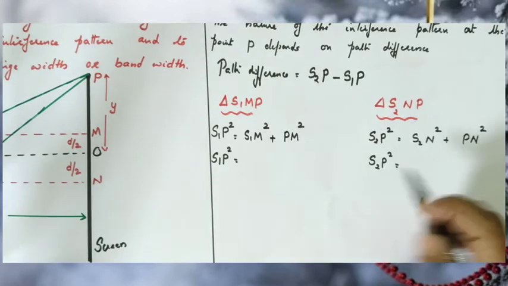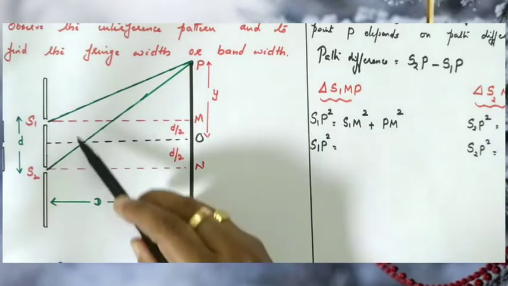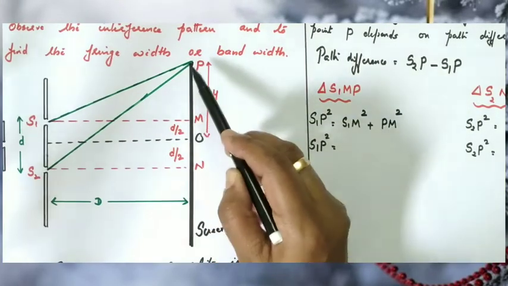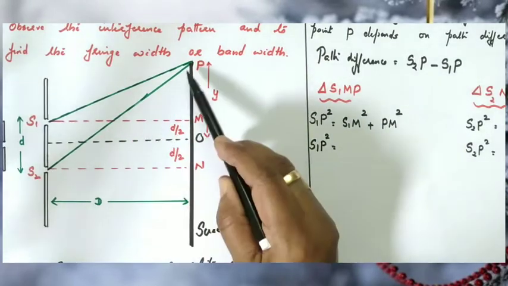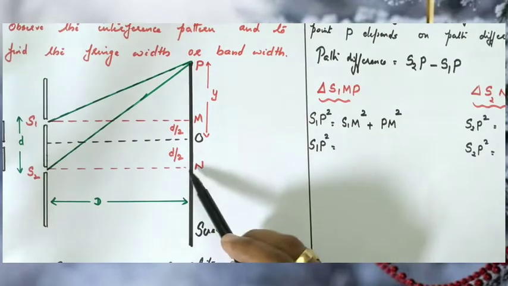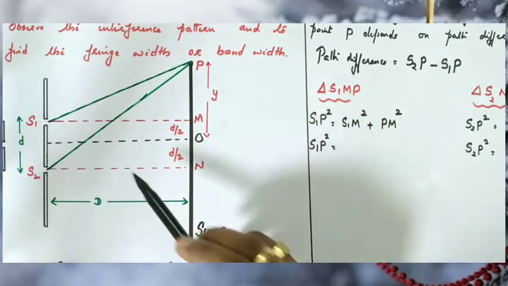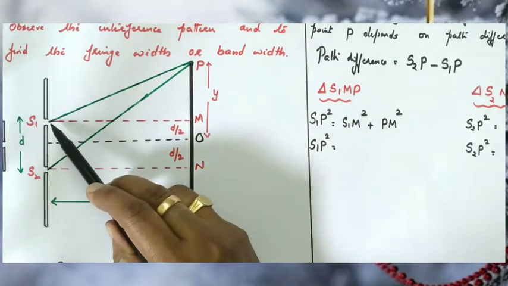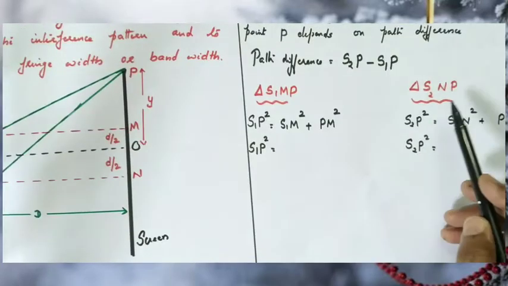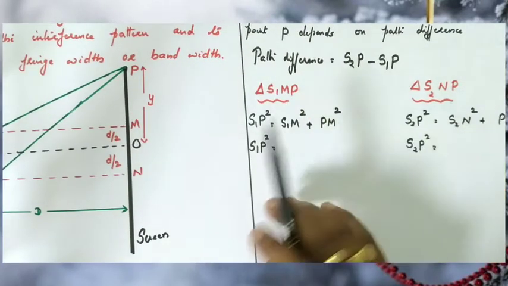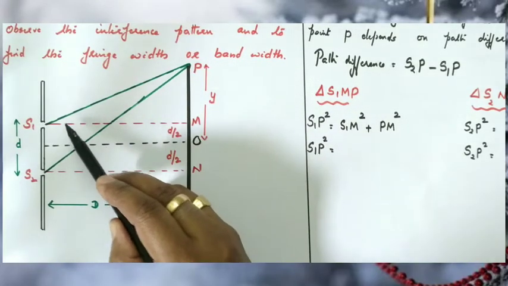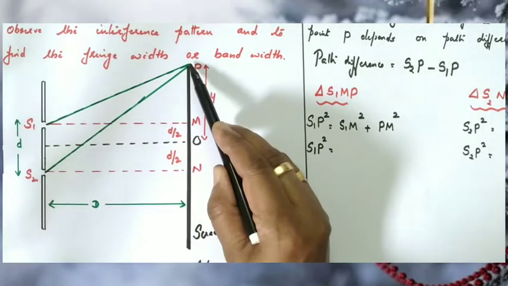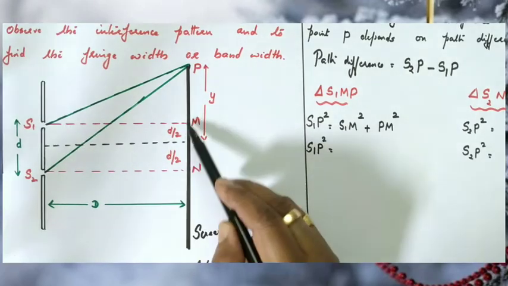Now, we can consider two right angle triangles, S1MP and S2NP. From the triangle S1MP, applying Pythagoras theorem, we can write S1P square, hypotenuse square, is equal to base square plus altitude square.